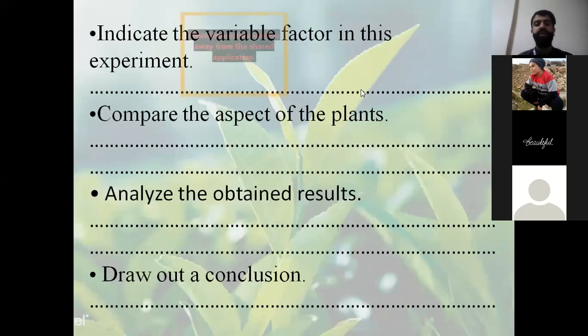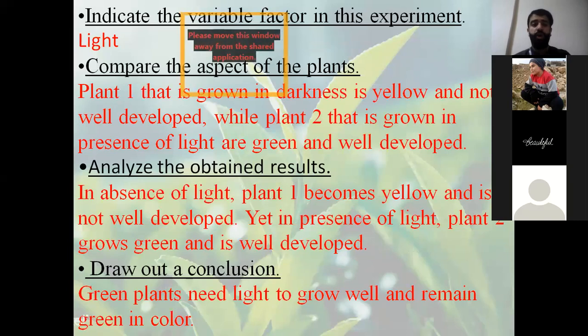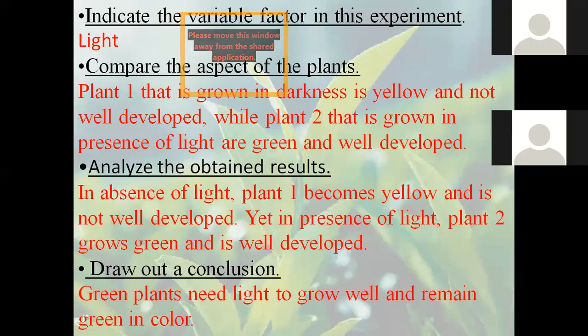So here, let's move to the variable factor. We said that the variable factor is the light. Compare the aspect. Plant 1 that is grown in darkness is yellow and not well developed. However, plant 2 that is grown in the presence of light is green and well developed.